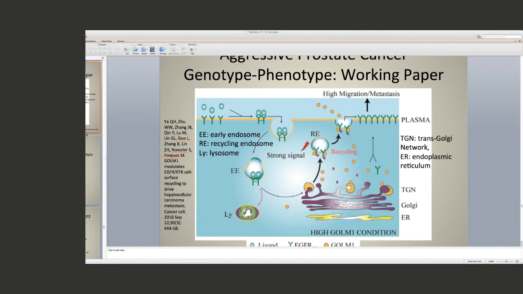So the idea is, we're working on, and we've submitted this paper to Nature Genetics, so it's under review currently. But the idea is you could have a treatment that's specific to the African American population with more aggressive cancer when they have these types of markers.